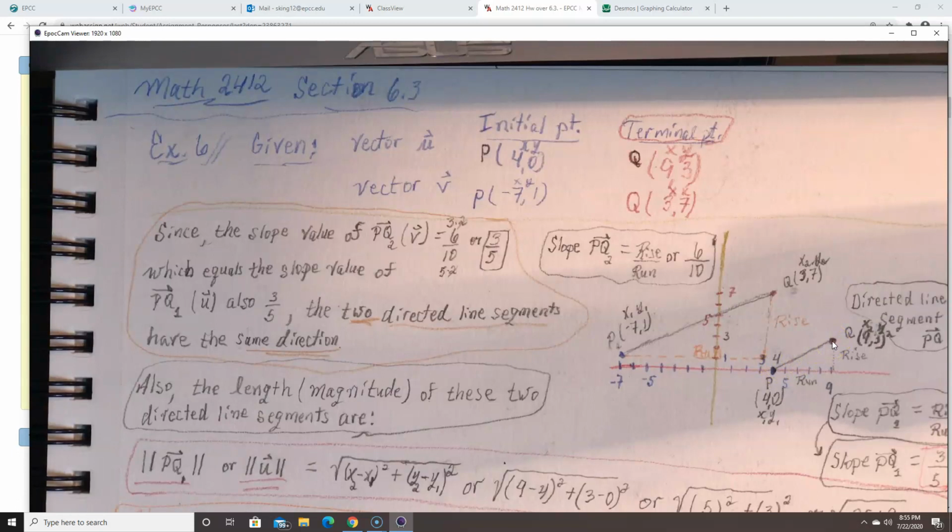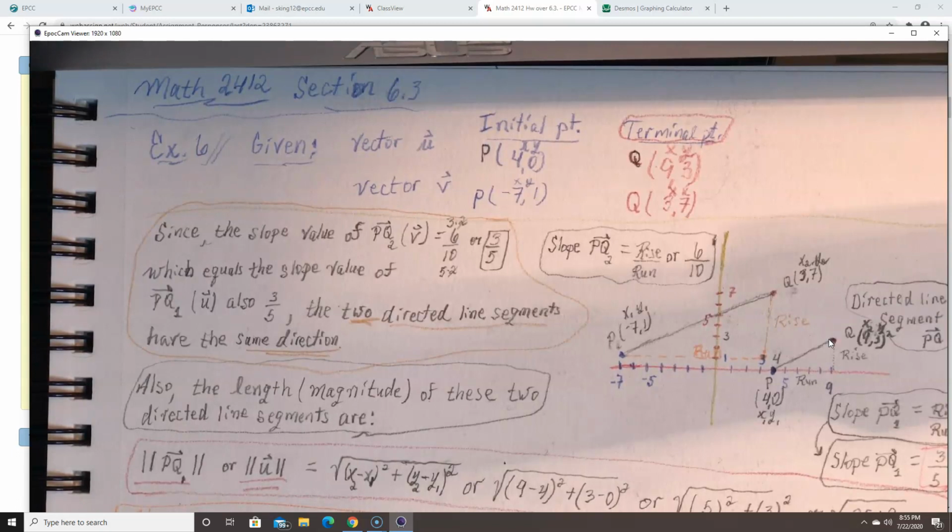For vectors or directed line segments, there's a fancier word besides length: the magnitude, the size, because vectors usually represent a force being applied on an object or objects.